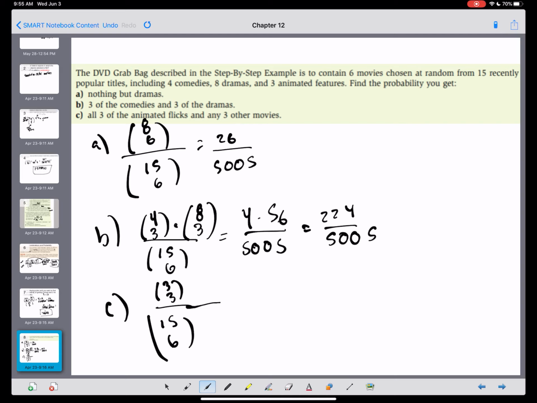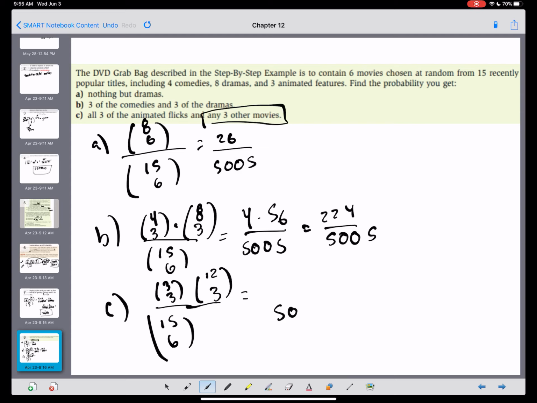Okay, and now I want any other movie. So that means for animated, you've got to be careful. Any other movie, you only have 12 movies to pick from at that point, because 3 are taken away because you used 3 for the animated. We're not going to include animated there because we've already used it. We want 3 from that section.